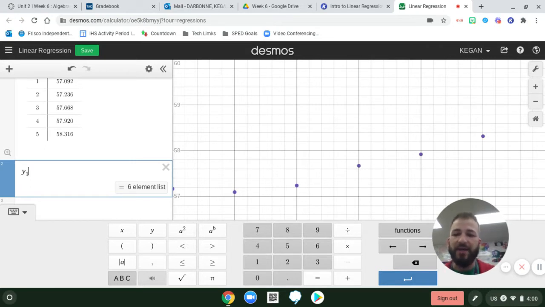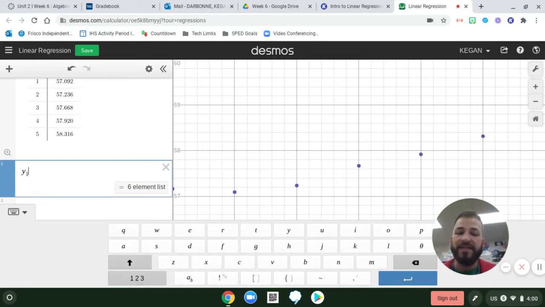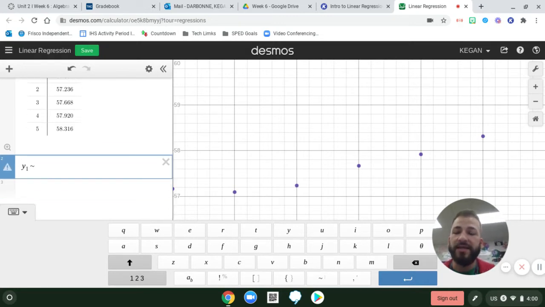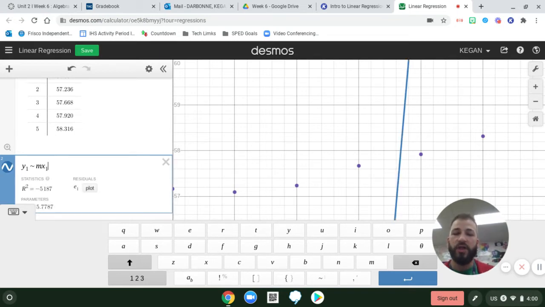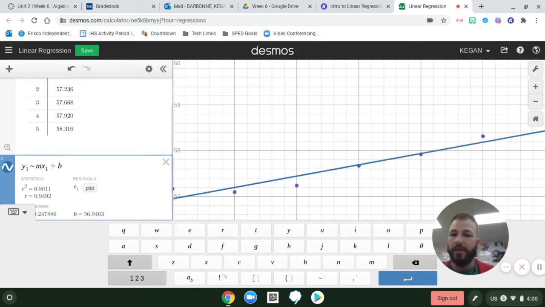And then instead of equals, go to the capital A, B, C button, and you should see this little squiggly line. It's right under B and N. This means to estimate. So it's saying y1 is about m x1 for slope, and then plus b.